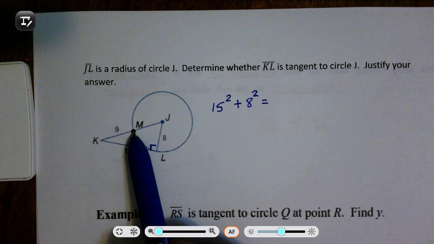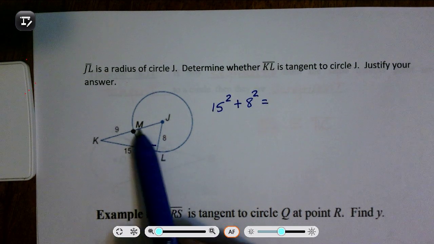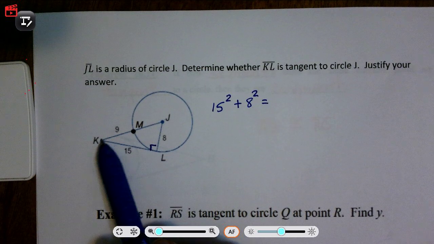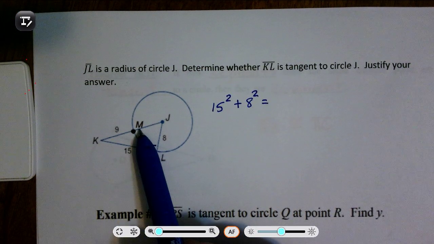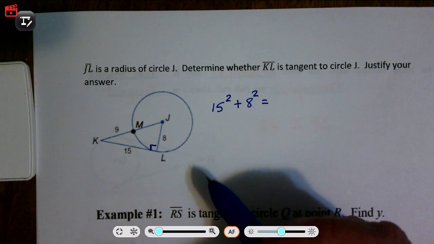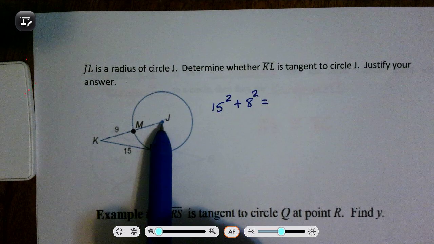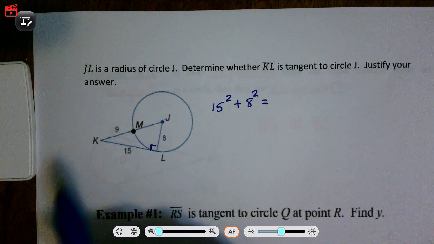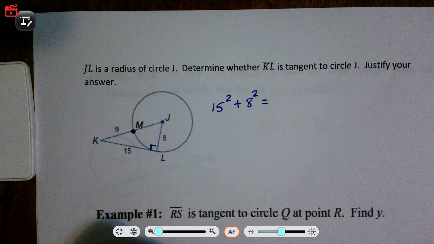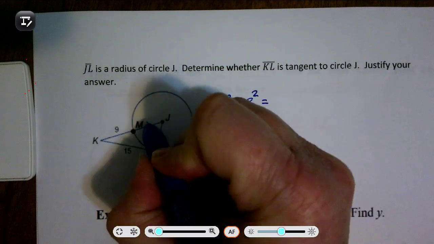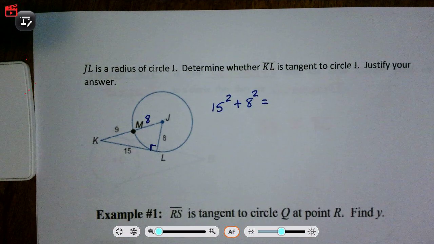Now, KM is 9. 9 is not the whole side length. So this is just 9. So how do I figure out what MJ is going to be? Well, we need to keep in mind here, if JL is the radius, isn't JM also the radius? And if they are both the radius, and this one is 8, then this measurement is 8.